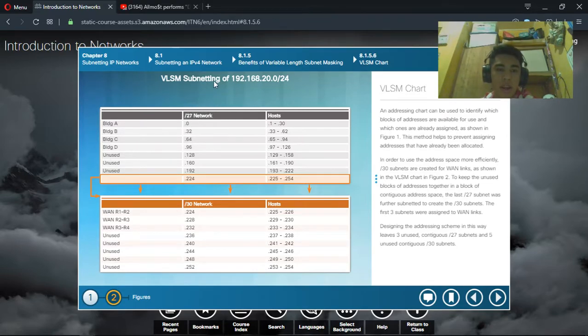The /27 VLSM subnetting 192.168.20.0/24, to satisfy the first host needed, used the prefix length of 27, or it borrowed three more bits, and to satisfy the next, it borrows another three from the remaining bits of the /27.